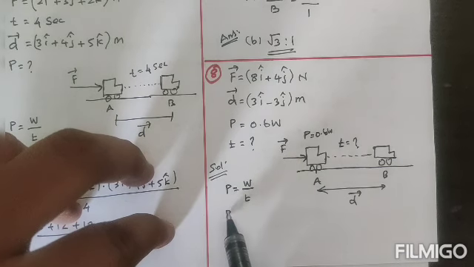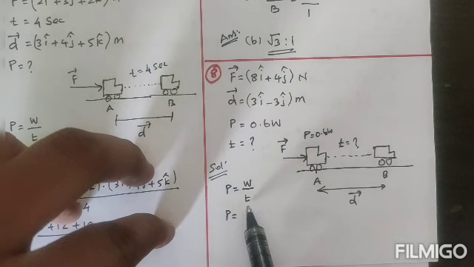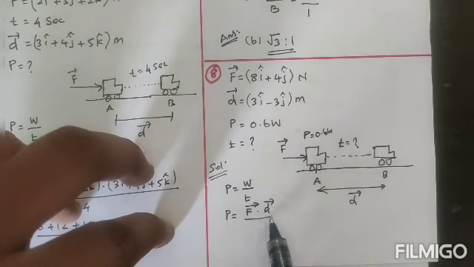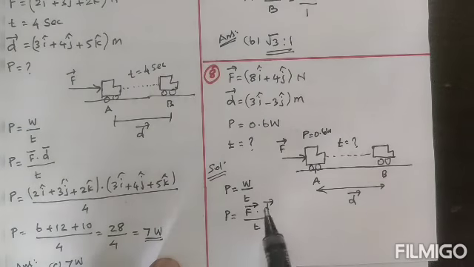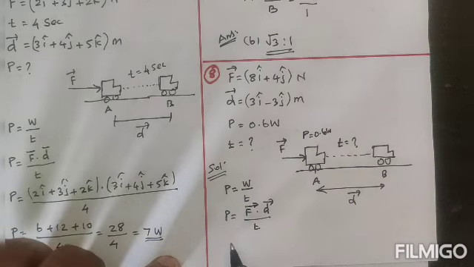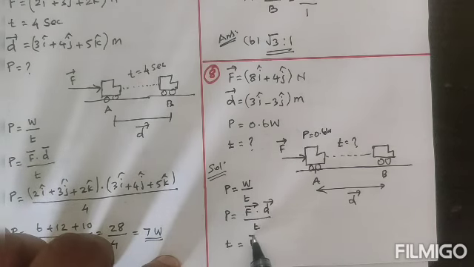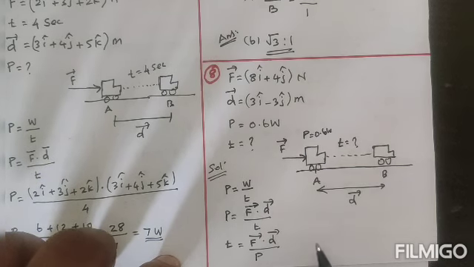Therefore power is equal to force into displacement divided by time. In this question we need time alone, therefore time is moved here and power is shifted here. Therefore time is equal to F vector dot d vector divided by power.